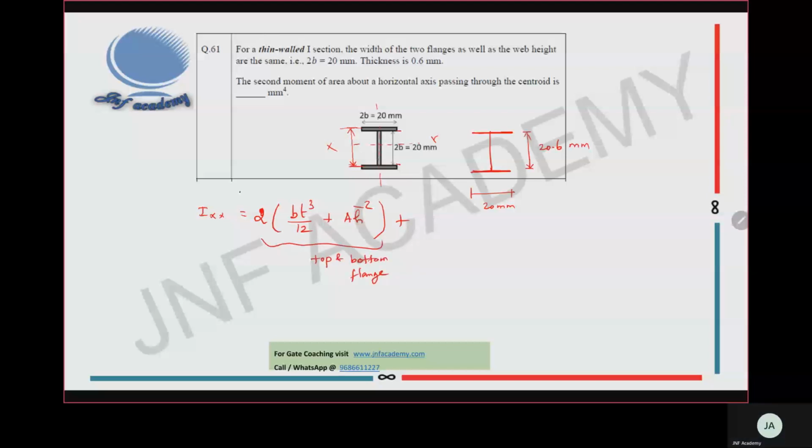Okay, then bt cube by 12. Here I am not including A h bar square because the local centroid is going to coincide with the global centroid. Okay, global and local are coinciding. That's why I'm not using the A h bar square term. So this is for web.